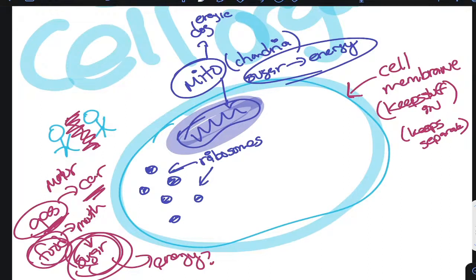The stuff that ribosomes make, we're going to call proteins. Now, it turns out cells make more than just proteins, so don't get too attached. But the point is that cells make stuff. They need the energy from sugar to make stuff. And ribosomes are the parts of a cell that make the stuff that's proteins.